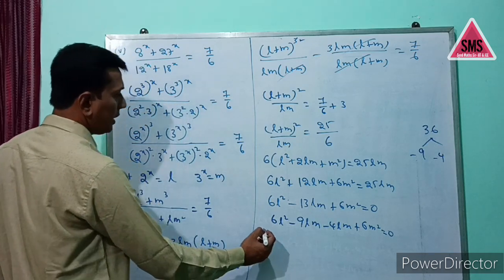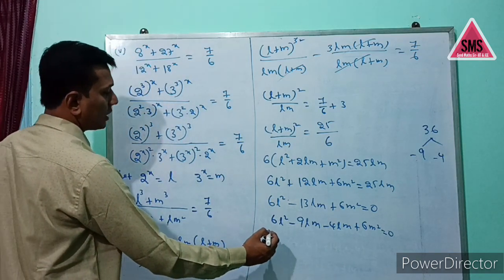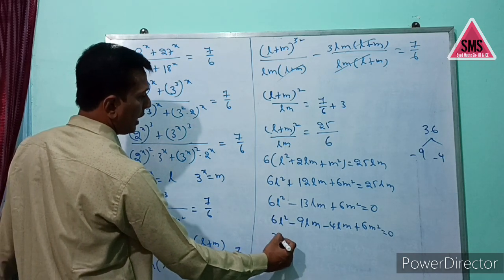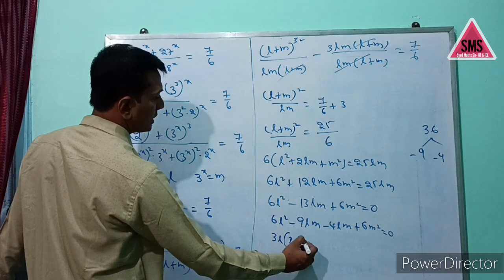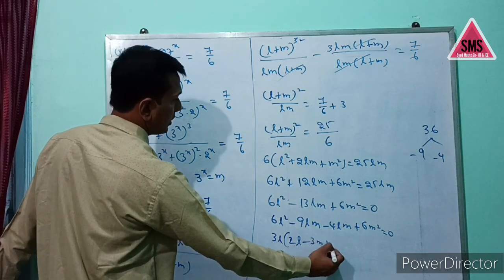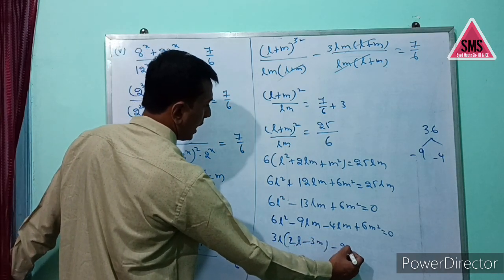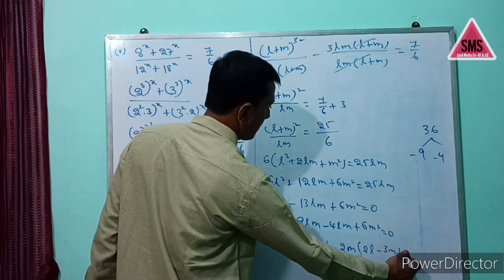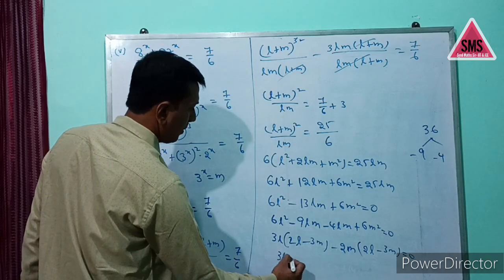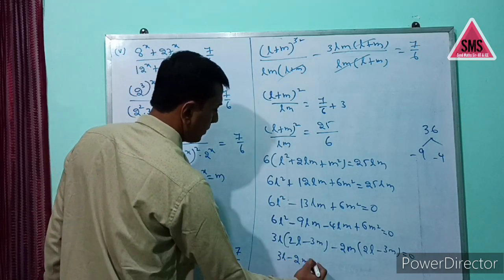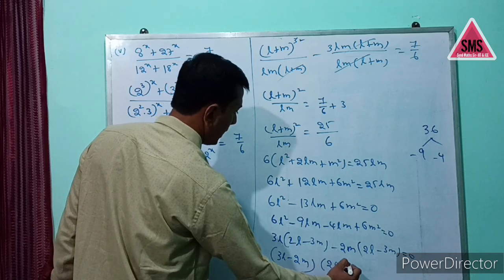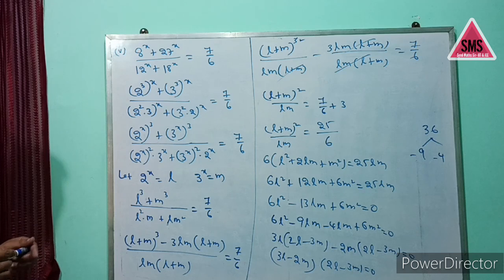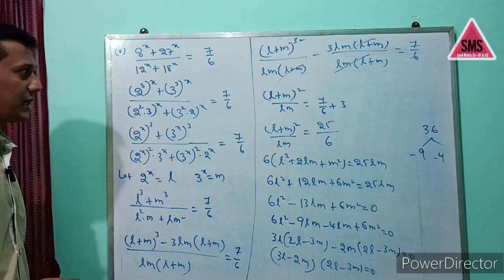What is the common thing here? 3L is common in the first two terms, and similarly here 2M is common. Then 2L minus 3M, and 3L minus 2M, times 2L minus 3M equals 0. So these are the two simplifications.